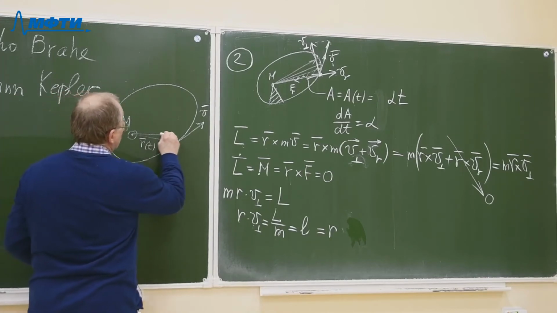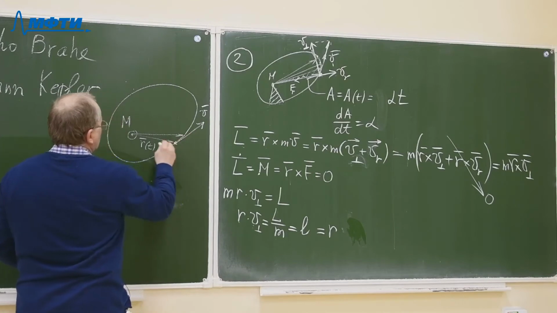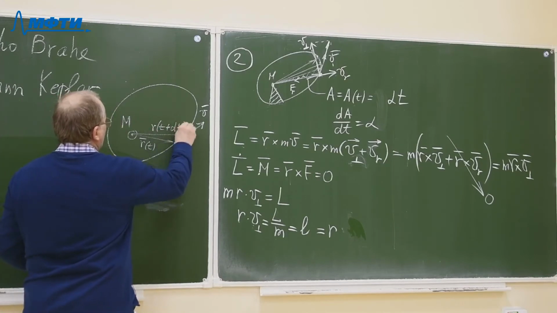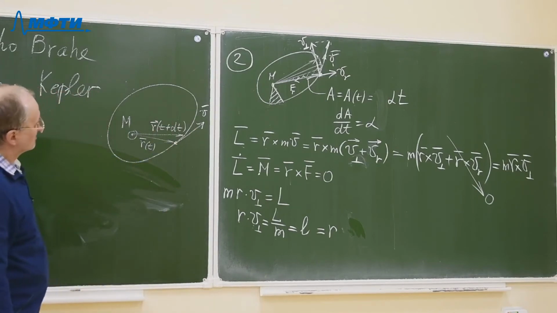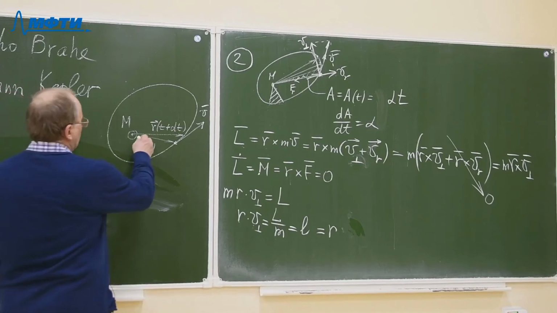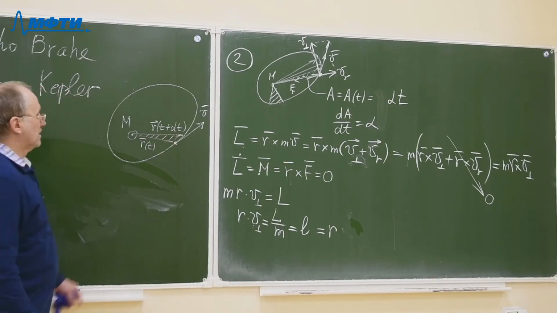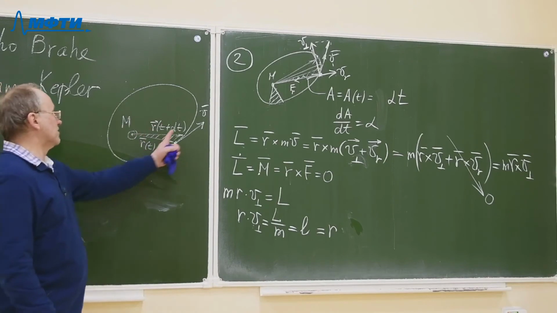And in the next moment of time, the radius vector will be here, t plus dt. And my purpose is to calculate this area swept by the vector within time interval dt.